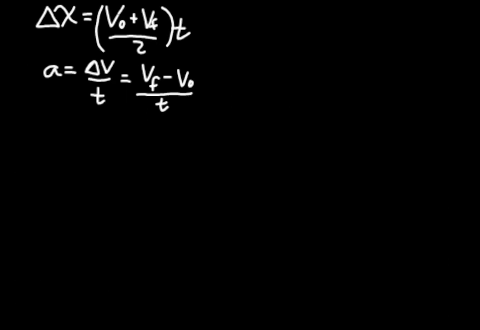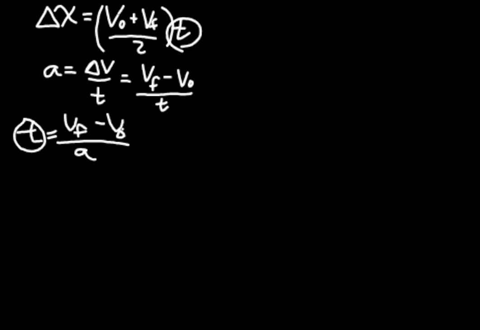Alright, so these are the two equations that we are going to need to derive the fourth and final kinematic equation. And what I'm going to do is rearrange this equation right here to solve for t. And that's going to tell us that t equals final velocity minus initial velocity divided by acceleration. And now we have a t here and a t up here in our first equation.